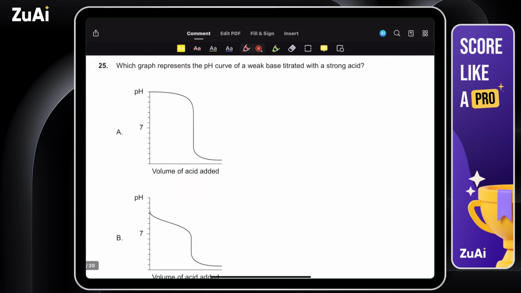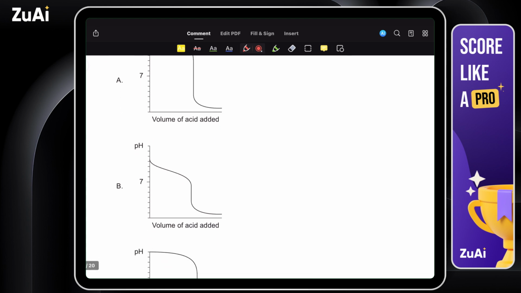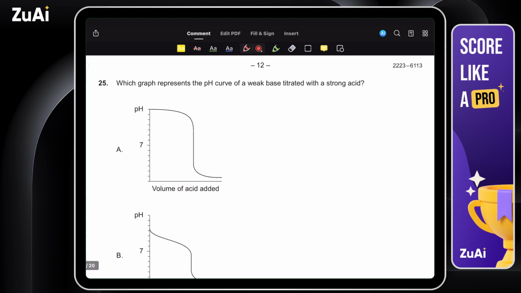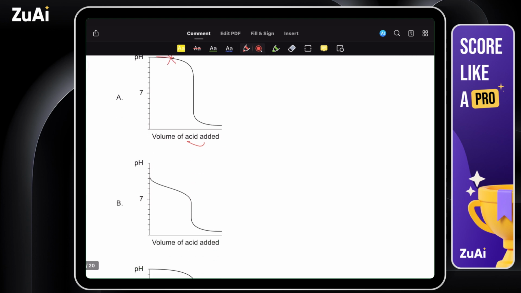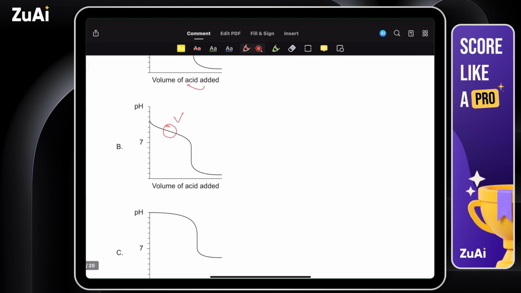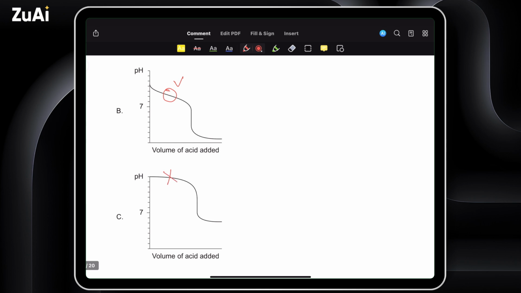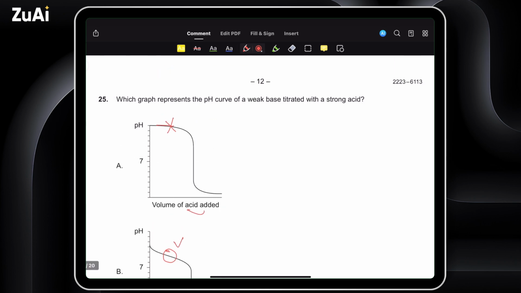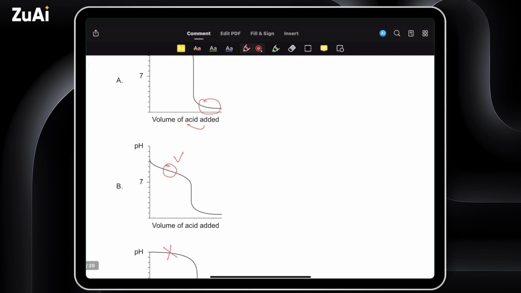Which graph represents the pH curve? Weak base. So base is weak, titrated with strong acid. Look at this, the volume of acid. So base is weak, so the line is not straight. This could be the option and this could be the option. So C and A are straight away wrong. And acid is strong, so acid is like this.